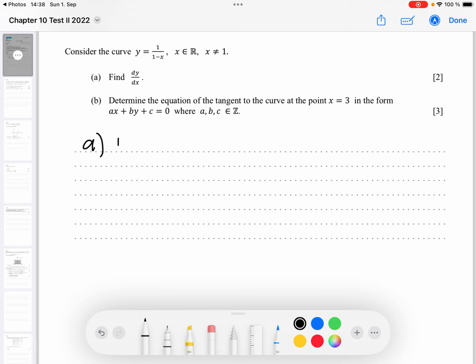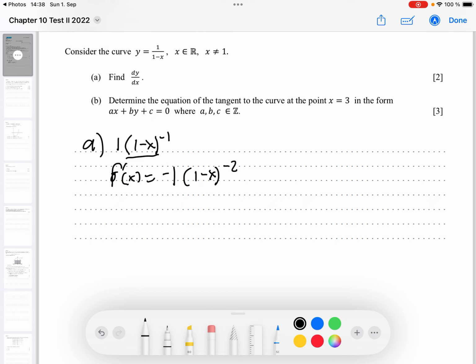Alright, so to differentiate this, we can write this as 1 times (1 minus x) to the negative 1. An exponent of negative 1 means that we are dividing by this. So next, to find the derivative, we can say that f prime of x is equal to negative 1 times (1 minus x) to the negative 2.